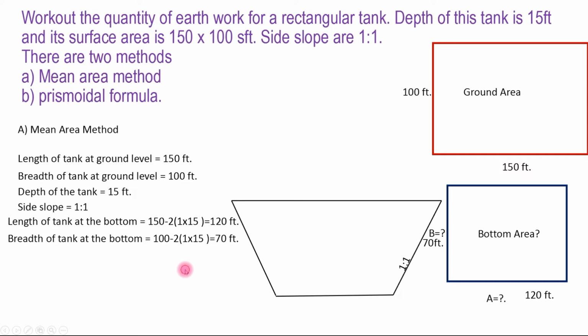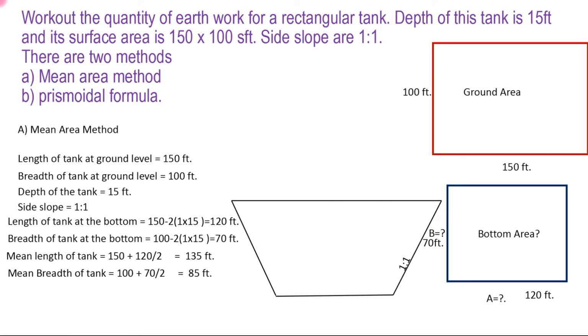Now we calculate the mean area. Mean length of the tank is 150 plus 120 divided by 2, which is 135 feet, and mean breadth of the tank is 100 plus 70 divided by 2, which is equal to 85 feet. This is the mean length and the mean breadth of the top and bottom.